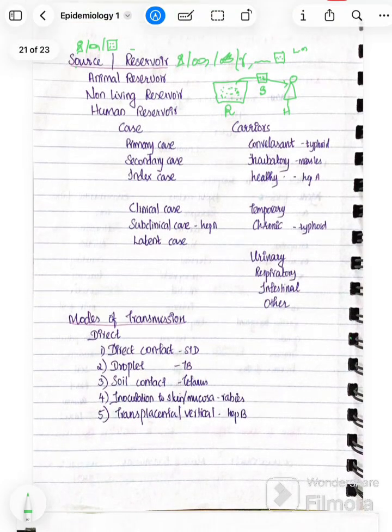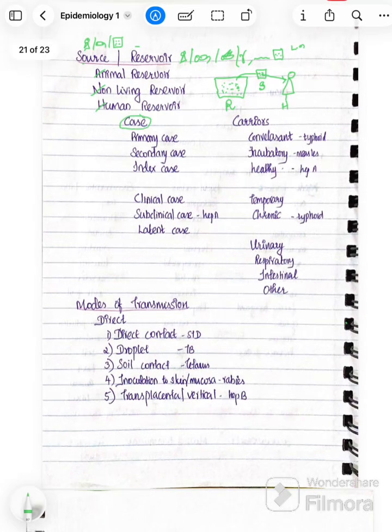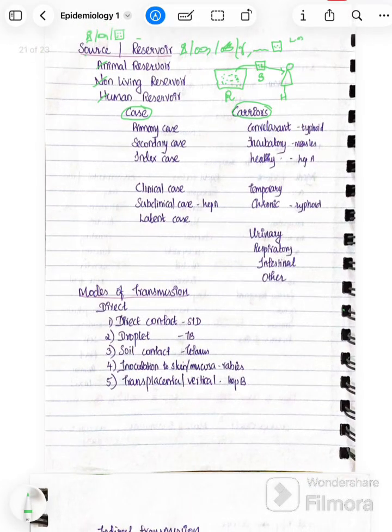Now we have animal reservoir, non-living reservoir, or human reservoirs. Human reservoirs can be cases or carriers. Cases have the signs and symptoms of the disease. Carriers won't have the signs and symptoms of the disease. So we have primary case.